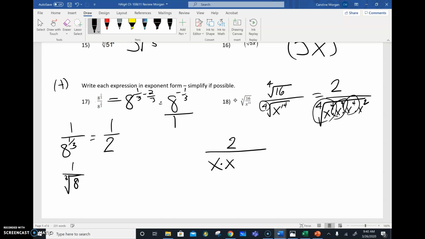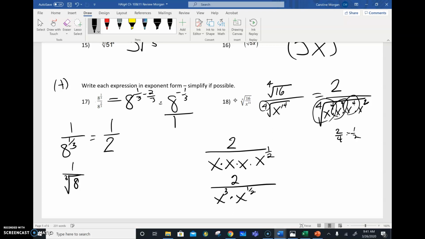The 4th root of x to the 4th is x. And then I have an x squared under the root, so this becomes times x to the 2 over 4, which is 1/2, isn't it? All right. Now, so that's 2 over, I have x to the 3rd times x to the 1/2.